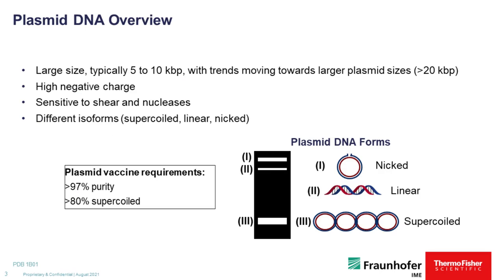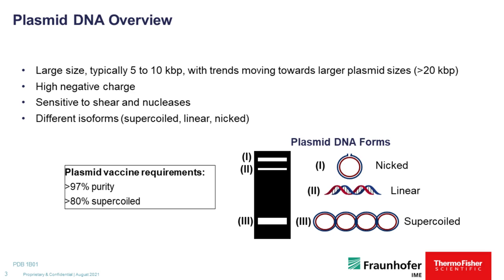So jumping directly into the plasmid DNA overview, the rise of cell and gene therapy has really highlighted the need for a robust purification for plasmid DNA. And it typically is very large in size. So plasmid DNA has a very large hydrodynamic radius compared to proteins of similar size. And they range in size from 5 to 10 kilobase pairs, with trends moving towards larger plasmid DNA sizes, so greater than 20 kilobase pairs.